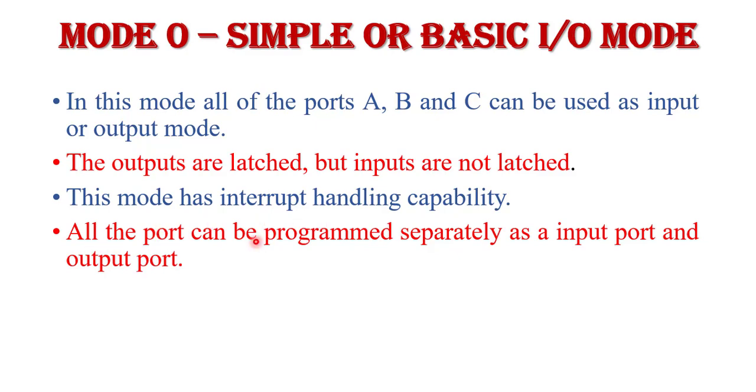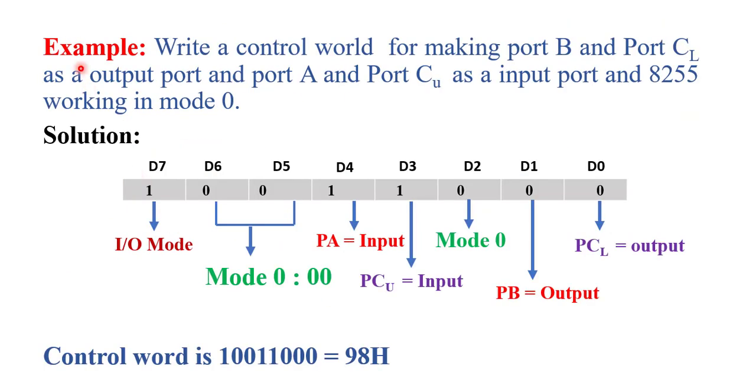All the ports can be programmed separately as an input port or as an output port. Now, with the help of an example, I will explain how we write a control word for mode 0. This example is very important from the university exam point of view or the competitive exam point of view.